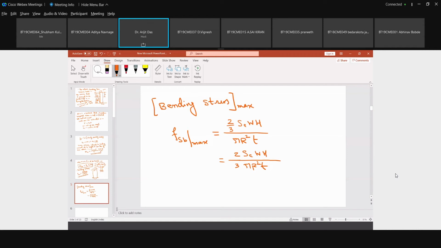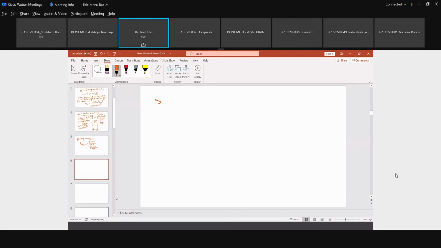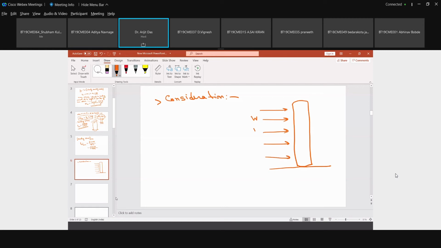Now, our consideration is this: suppose this is a column. It is considered that there is both wind force acting on the column and seismic force also.